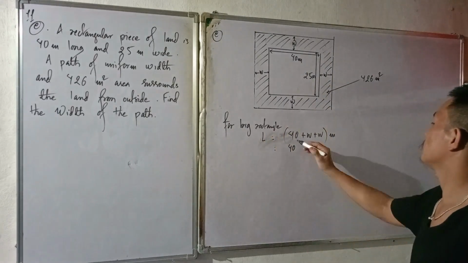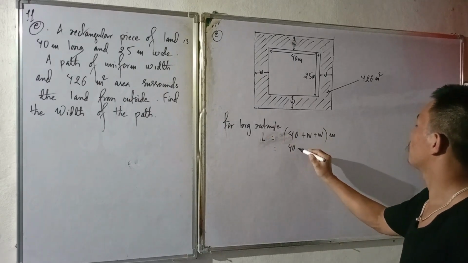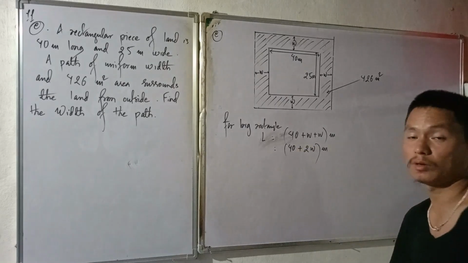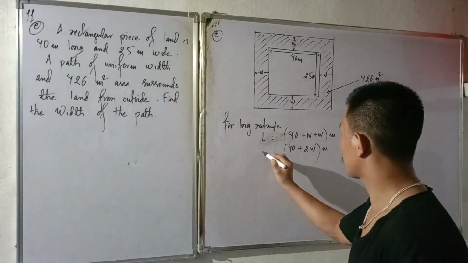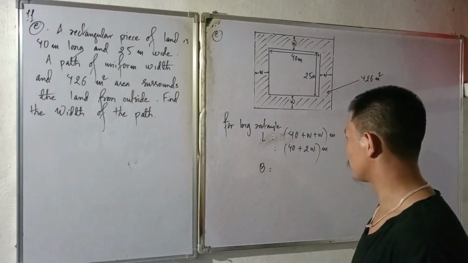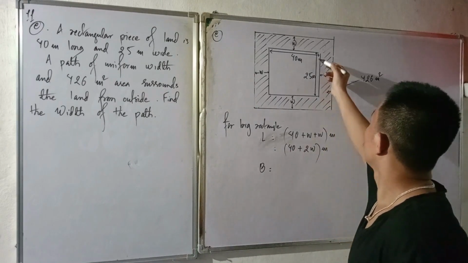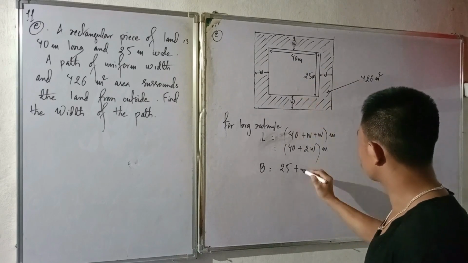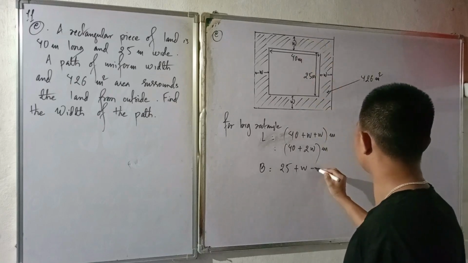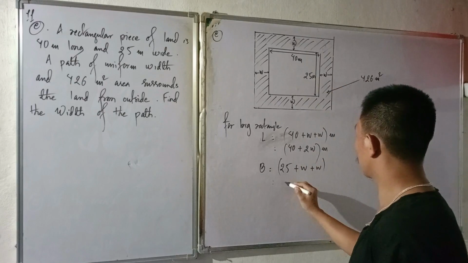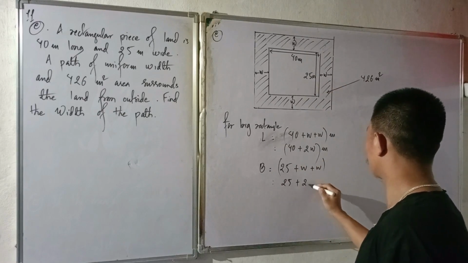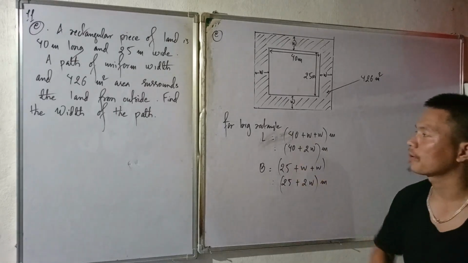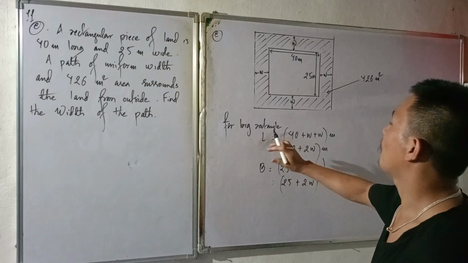For the big rectangle, length capital L will be 40 plus 2 times W meter. And the breadth for the big rectangle will be 25 plus here to here W, and here to here W. That will be 25 plus 2 times W meter. This is the length and breadth for the big rectangle.